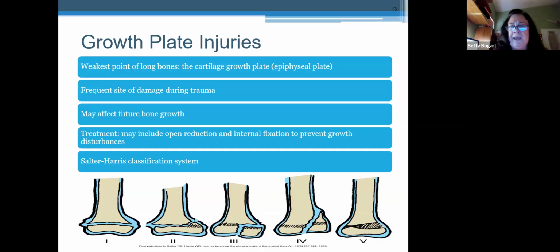So growth plate injuries, they will have surgery. Open reduction, internal fixation, to make sure it's straight so that there's no crookedness and that the bone is going to grow the same as the other arm, the other leg.